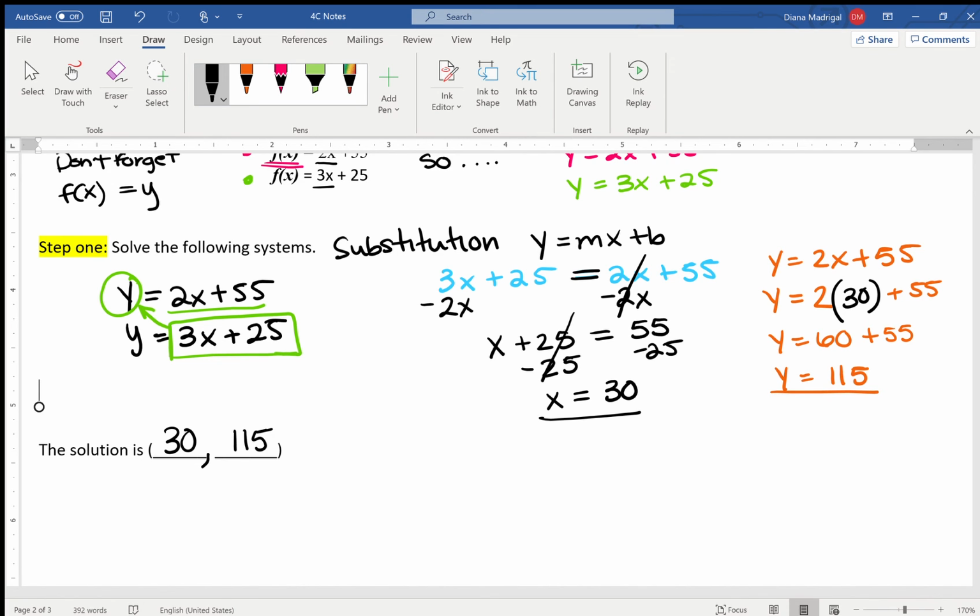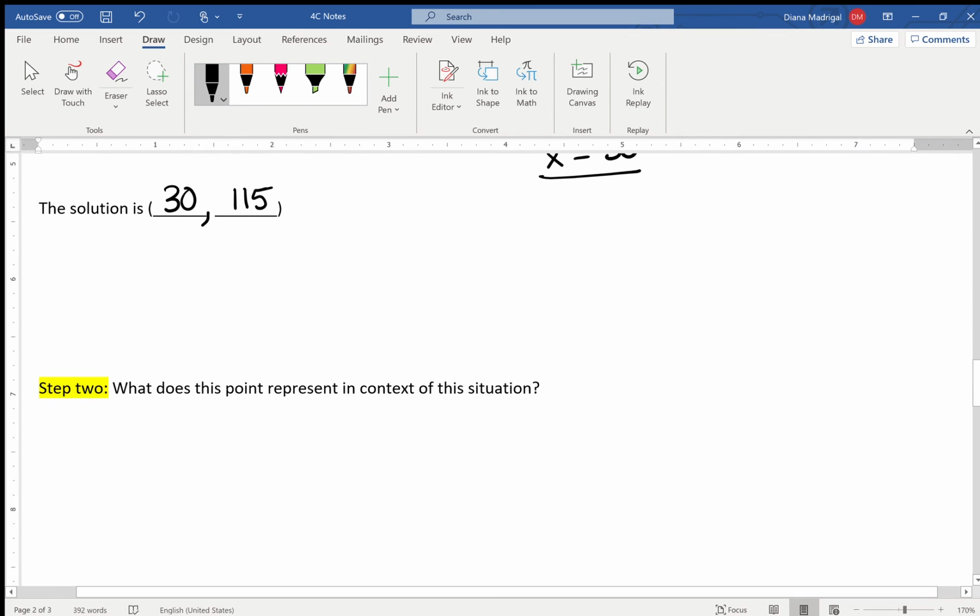Okay, and then finally, we are able to write the representation of the solution in context of the problem. So step 2, what does this point represent in context of the situation? Remember, the solution means that both companies will be equal at the same point.